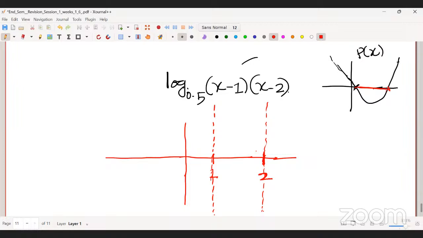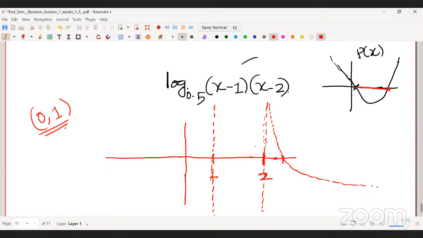Now what will happen in this region, in between, when the polynomial is between 0 and 1? It will come from the top and go to the left, creating an inverted L around the asymptote at 2.